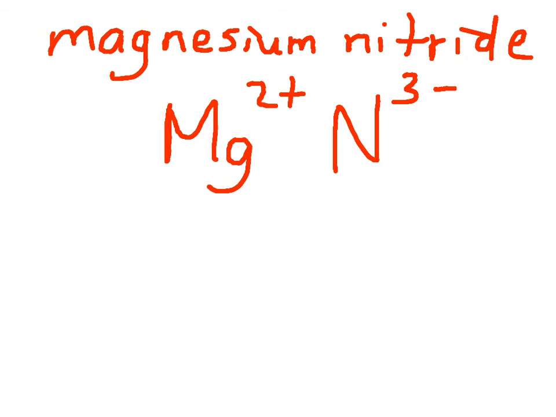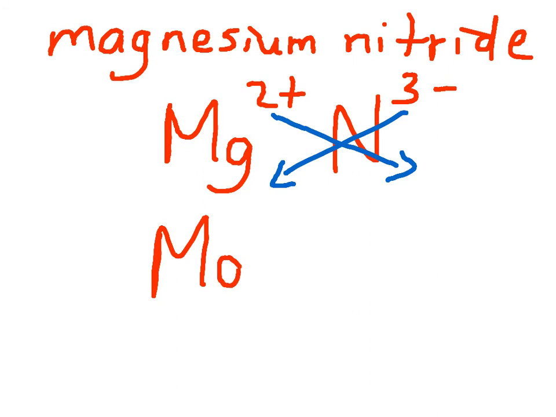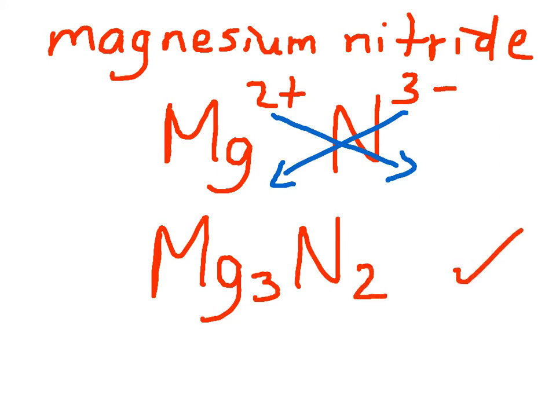Do you remember what to do next? Well, we want to crisscross the charges down, and they become our subscripts. So rewrite those symbols with the charges, the numbers that have crisscrossed down, and this is the correct answer.